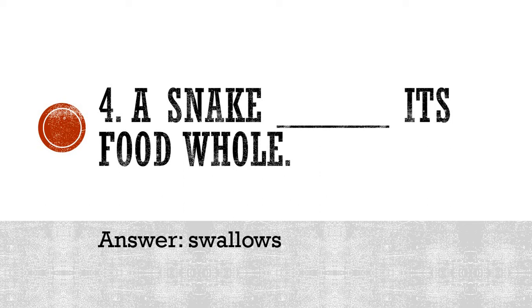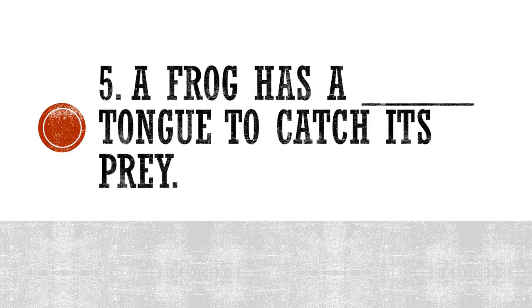Now moving on to the next one, number 5. A frog has a dashed tongue to catch its prey. Please write down the answer. What kind of tongue does a frog have to catch its prey?